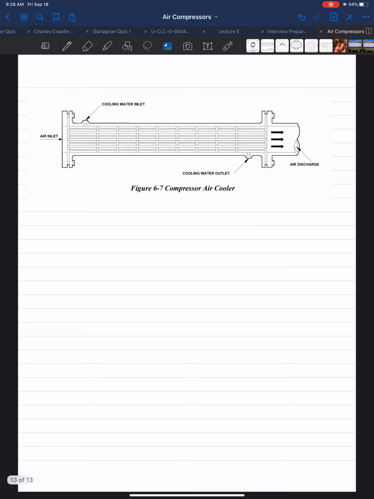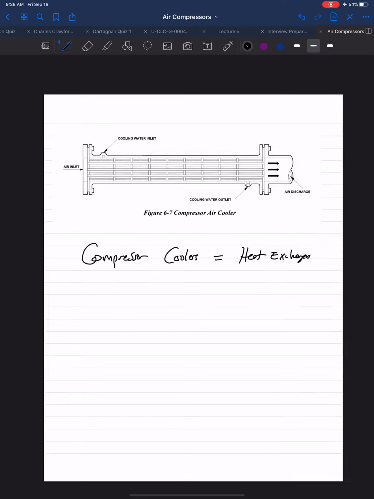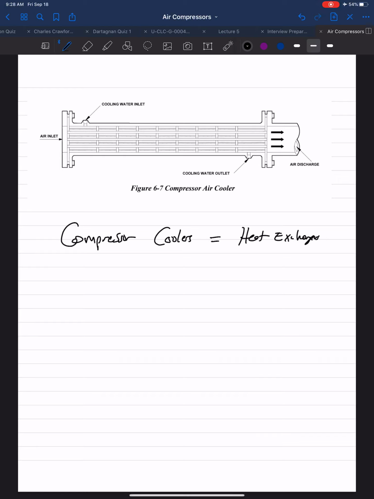So these coolers are pretty much heat exchangers. You have your air inlet flowing through, your air outlet, and your cooling water inlet and outlet.